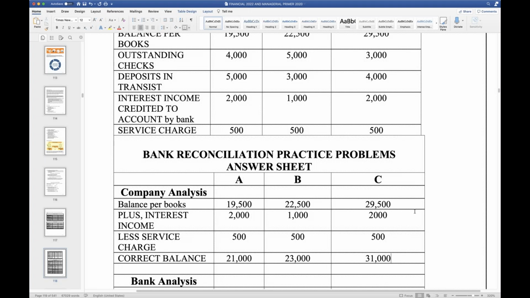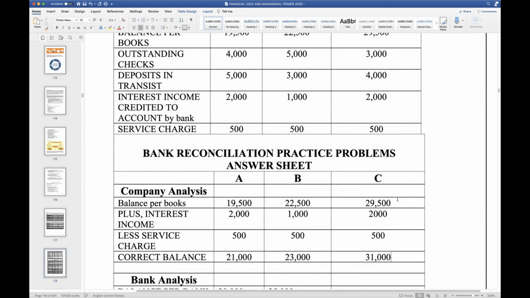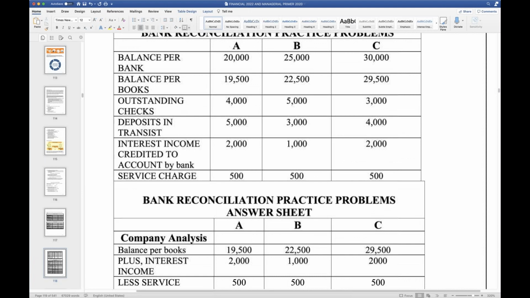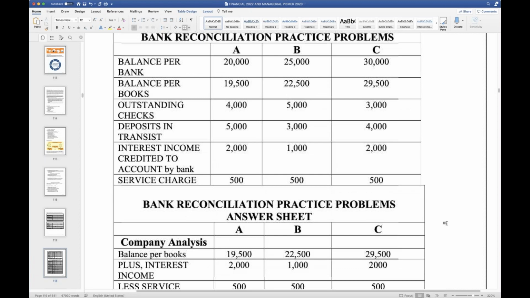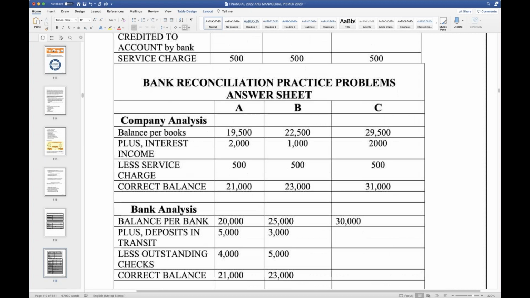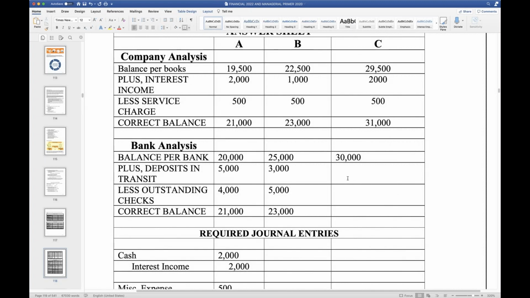Now, the company has its books, it's done its analysis in terms of what's the correct balance. Now we go to the bank because we want to make sure that there are no errors on the bank. And so we're going to start that bank analysis with a balance per the bank, 30,000. So what else is going to go on the bank analysis? The deposits in transit. So we're picking up items the bank doesn't have.